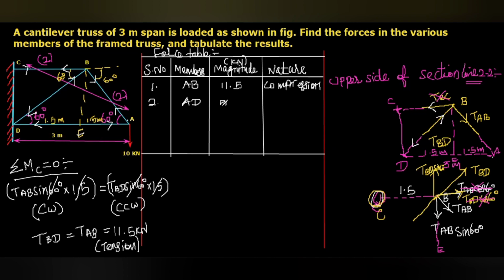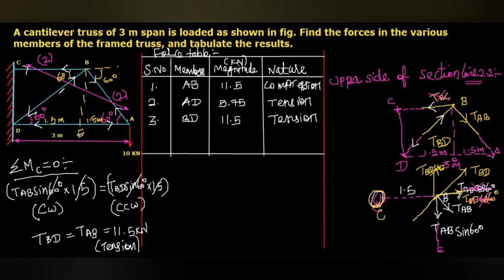The value is 5.75 kilonewton, and it is tensile in nature, because you know the AD tends to pull the body, so it will be tensile. Third one, BD, that is 11.5 kilonewton, and that is tension in nature.